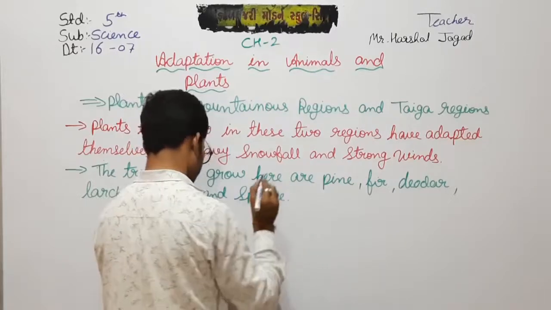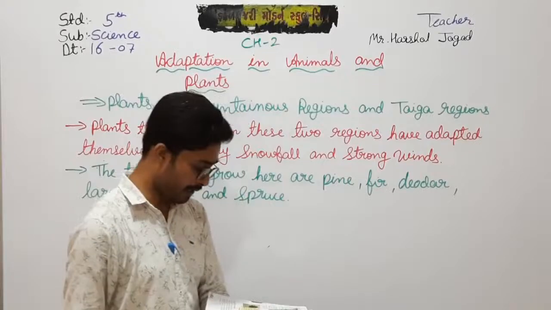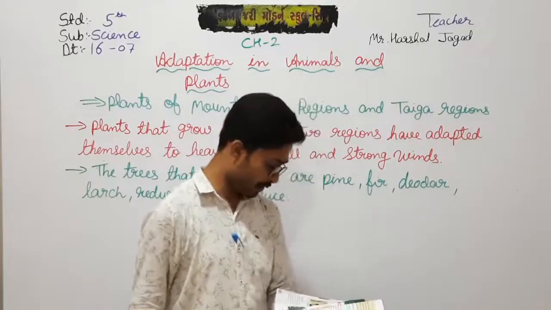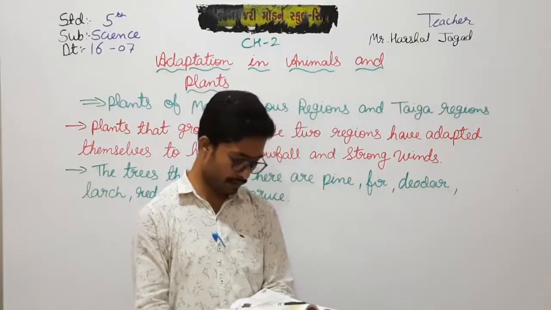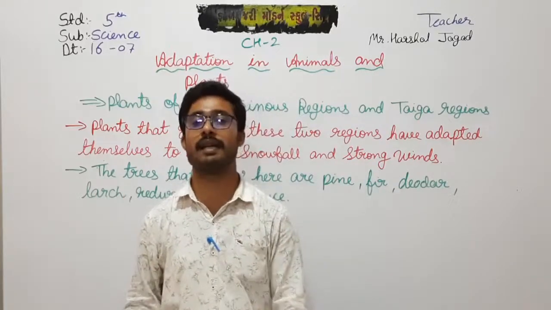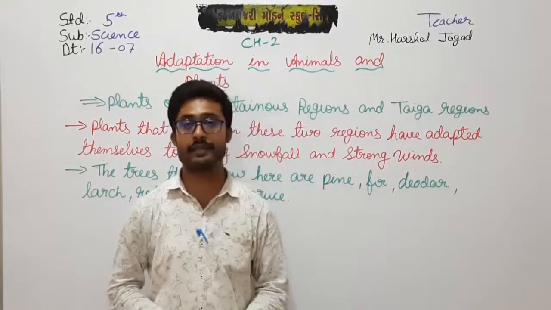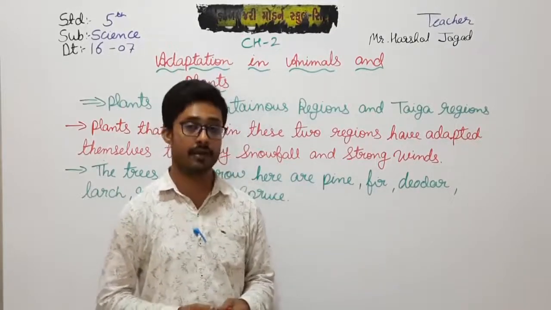Okay, so these are the trees, and the plants grow straight and tall with short sloping branches so that the snow slides off the branches. So these are some of the adaptations of the plants of the mountainous region and the taiga region.